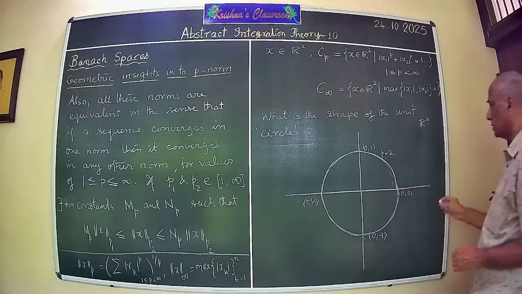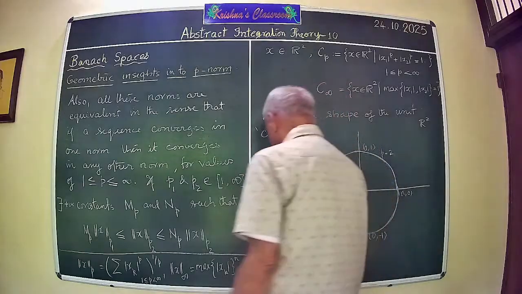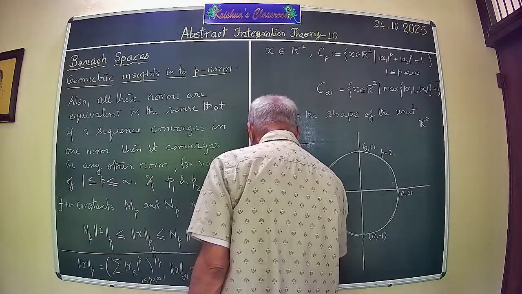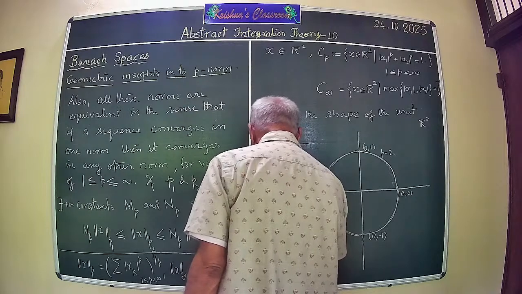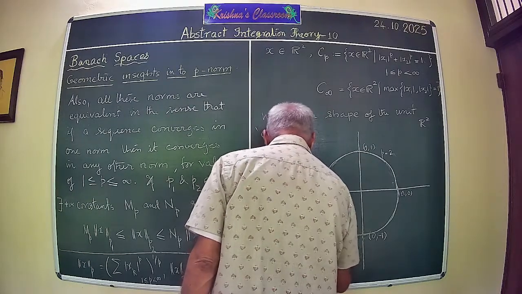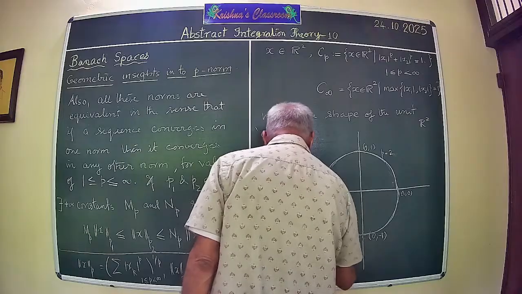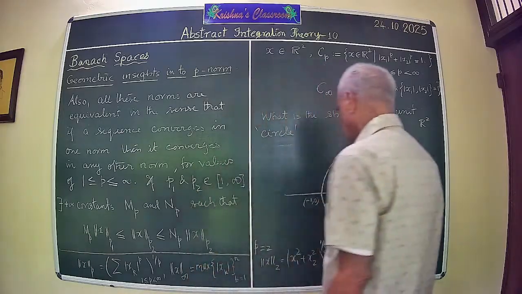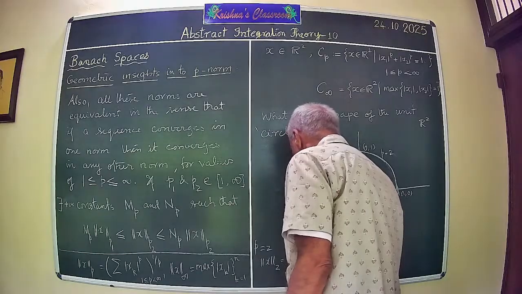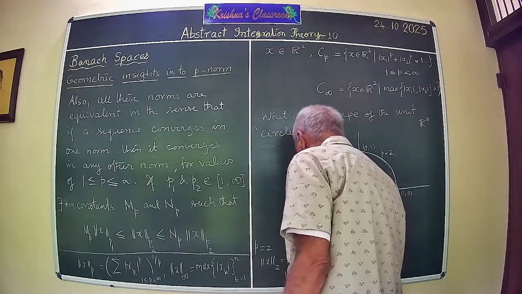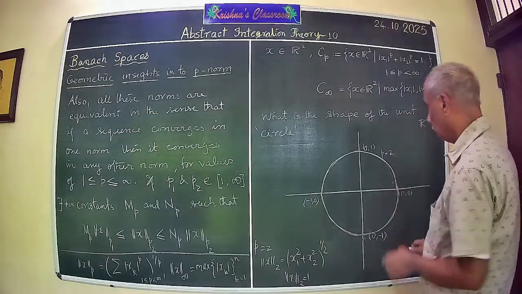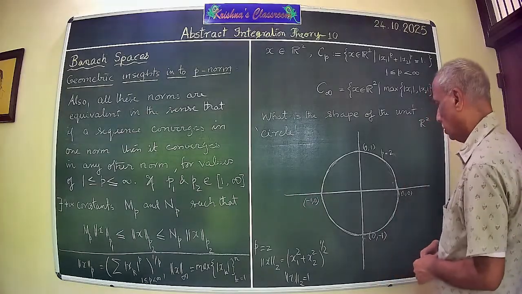Okay, that is for p equal to 2, we have norm x2 equal to 1. So I write p equal to 2 for that.